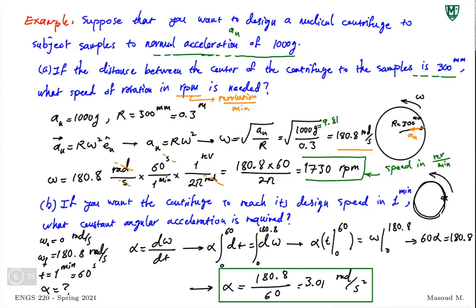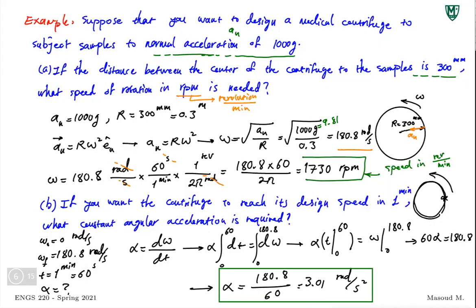All right, so I just used the definition for alpha, angular acceleration, d omega dt, and then plugged in all the information I had from the design velocity. Remember, it's a design process. So now you know the final angular velocity. Let's say you want to use a specific motor that can provide enough torque to make sure your centrifuge can reach the specific speed in 1 minute.